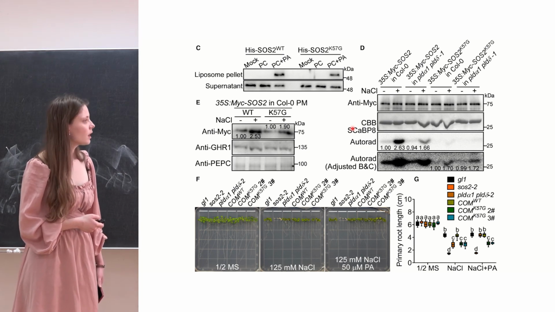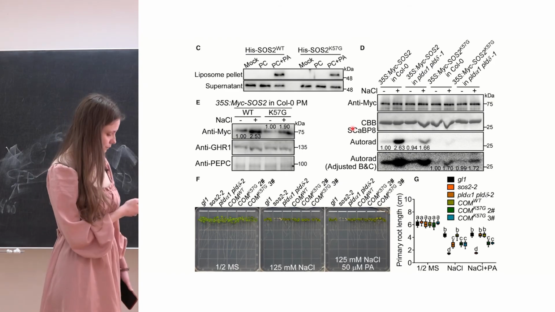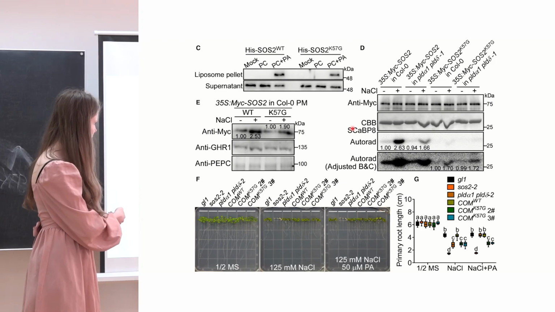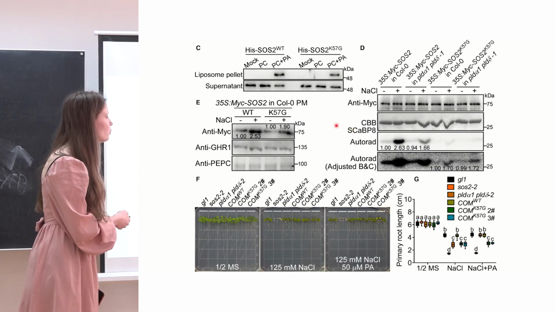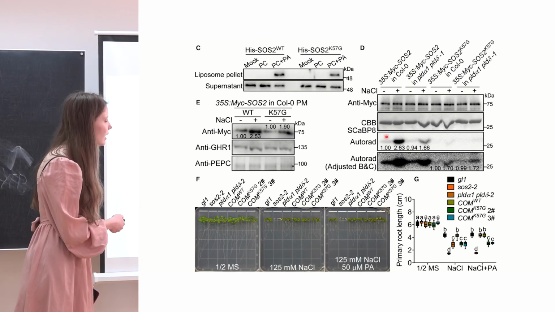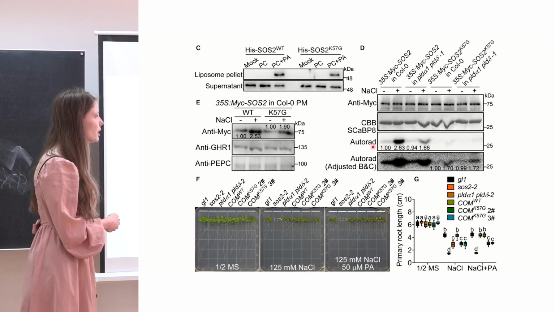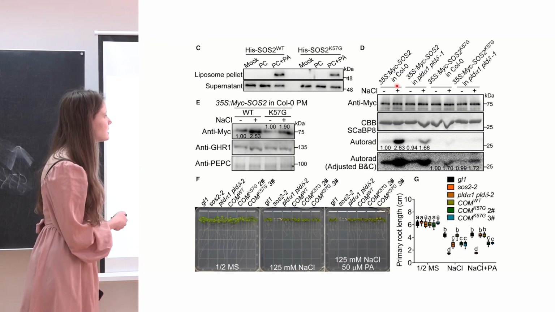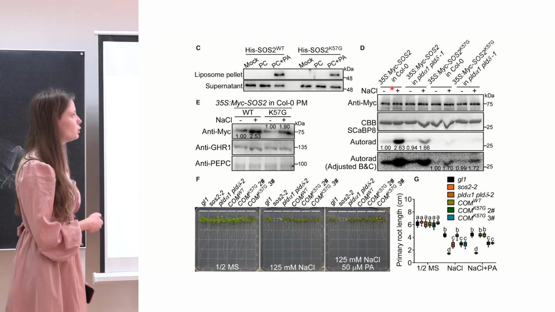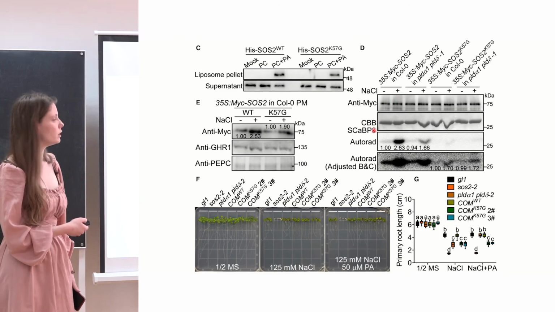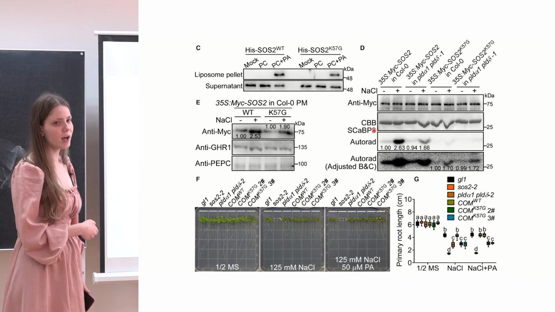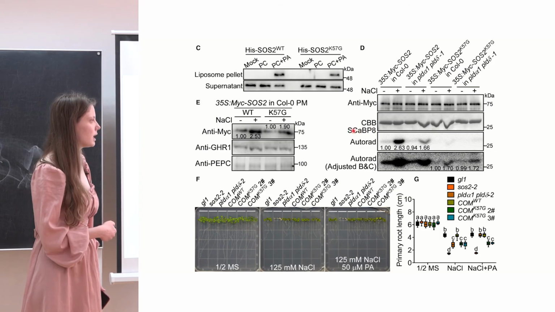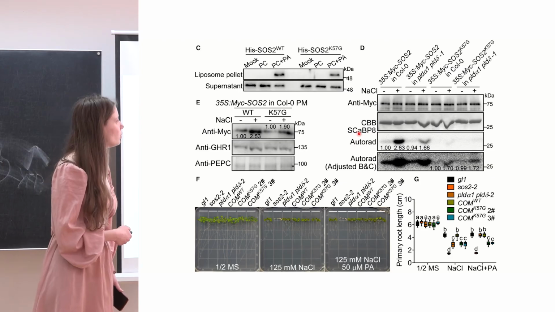Что вы можете сказать? Мы видим, что здесь происходит изменение фосфорилирования СК-БП8, когда добавляется натрий хлор, то есть в результате добавления соли в среду СОС2, по всей видимости, увеличивает свою активность и начинает фосфорилировать СК-БП8.